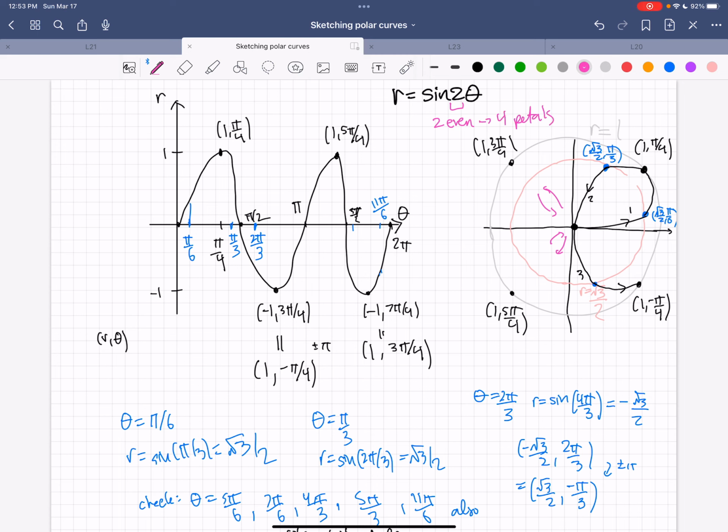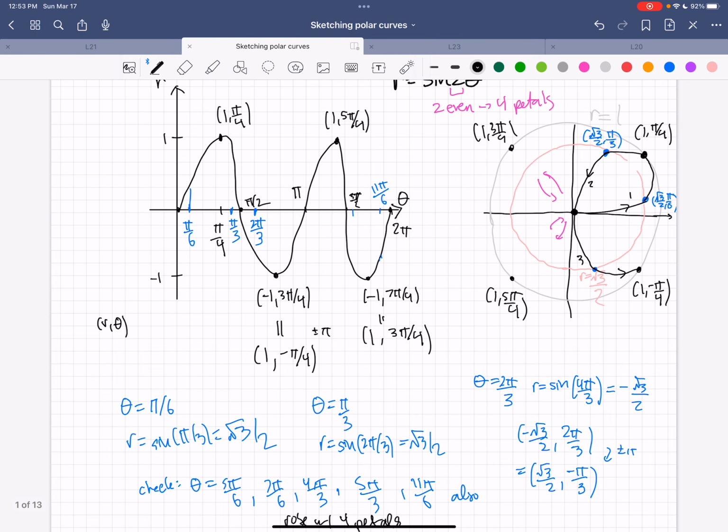But I'm going to try to sketch all of these without knowing anything about the equation, because you want to be able to sketch them whether or not you know what to expect. And so then once you do the rest of it, you get going through here. Oops. It should go like that.